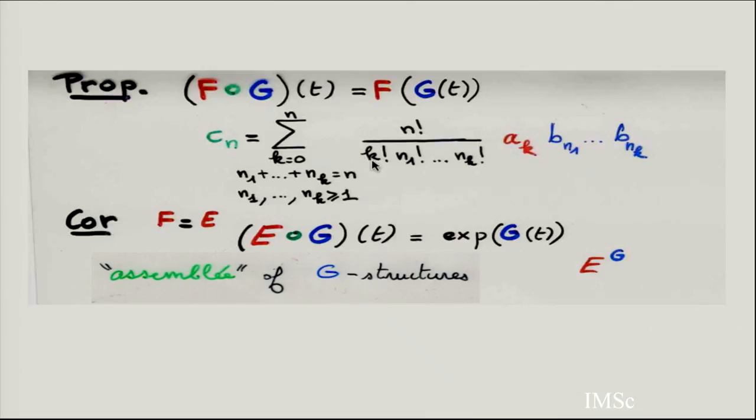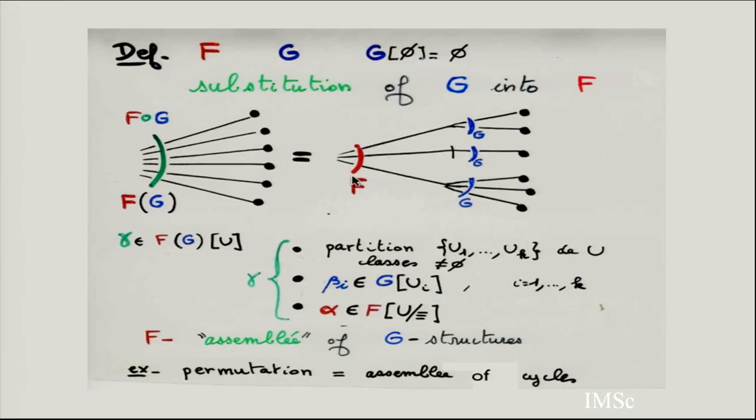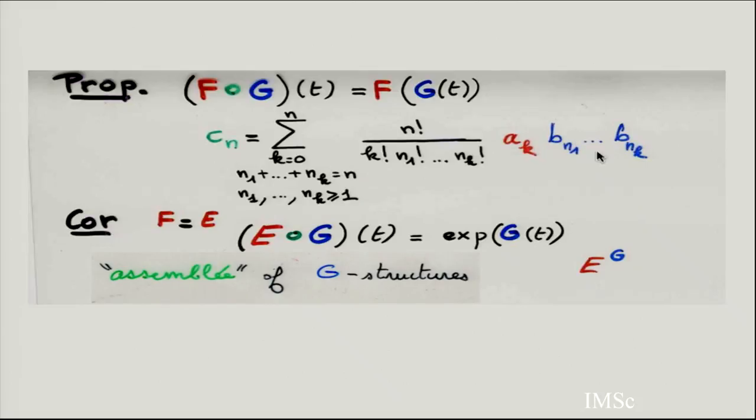Then on the unordered partition, in each block, I put a species G, which is this coefficient, and then on the total unordered partition, I put an F structure like this. So the number of such structures will be a index k, and each G in each block will be b index n1, b index n2, up to b index nk. And you can check that this equality is equivalent to this in exponential generating function notation.